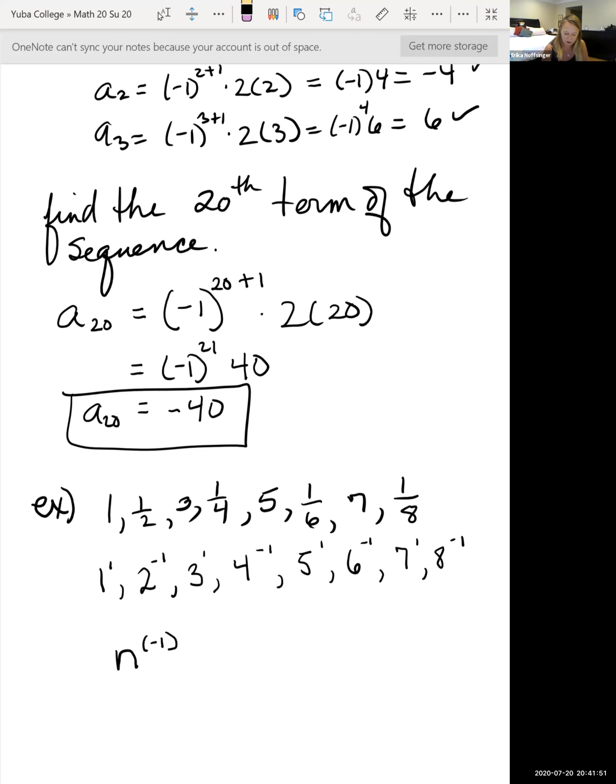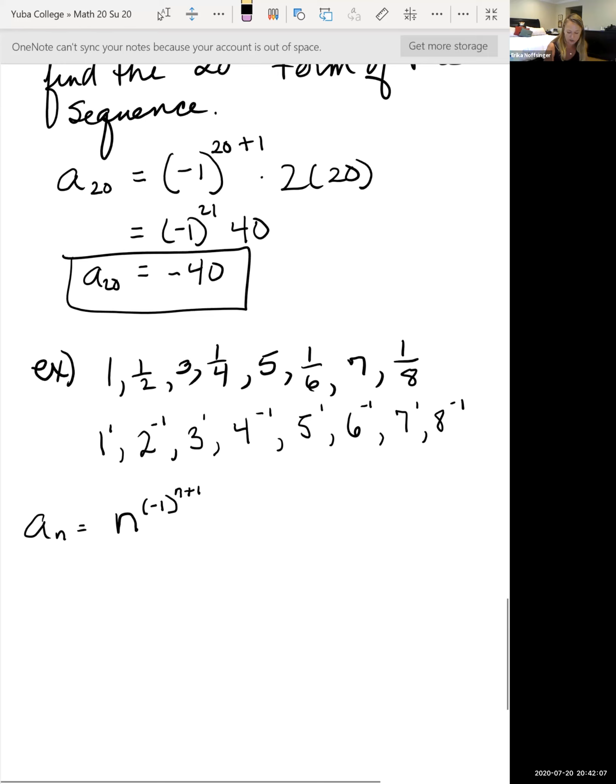And so maybe if we raise that to the n plus 1 power. And we can define our nth term to be that. And so again, it's really helpful to just make sure what you chose was correct. And sometimes it's not, but then sometimes you can see how you can manipulate it to work.